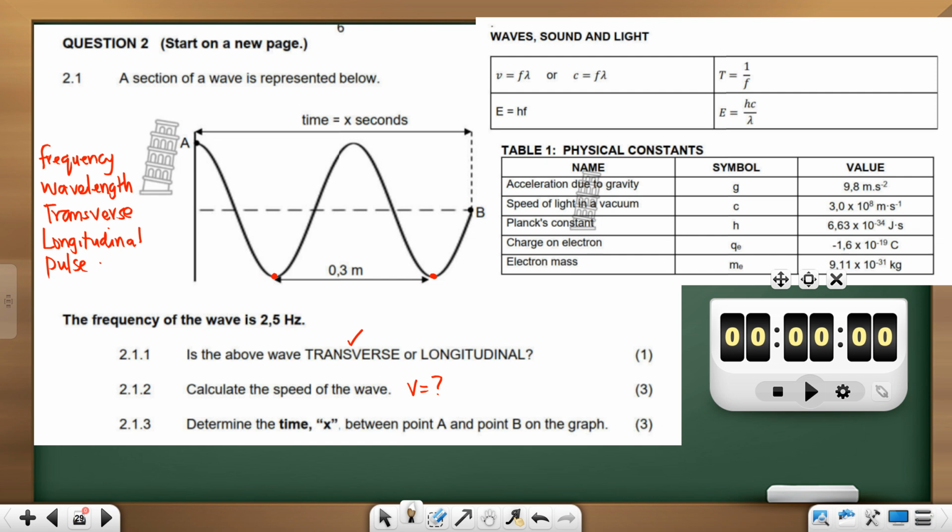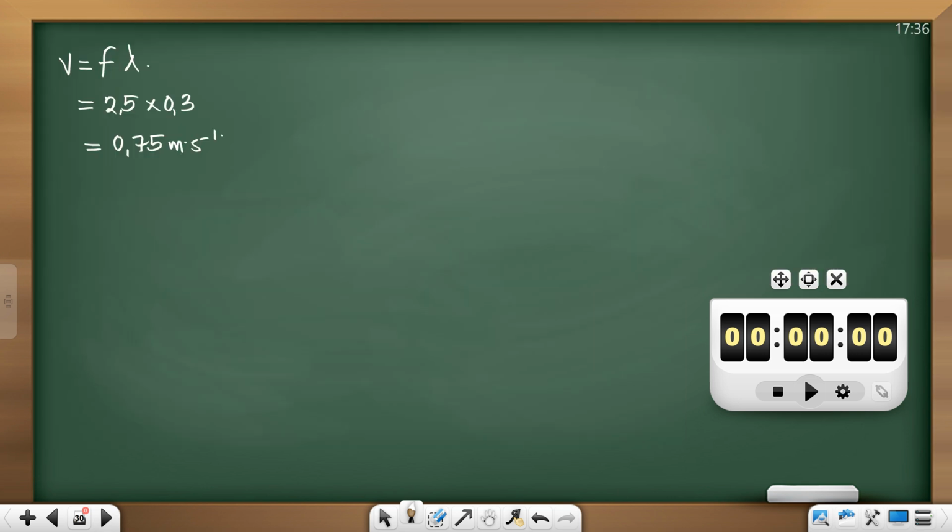Determine the time between point A and B. Interesting. We are looking for time. But there is a general formula that we know from grade eight when we talk about the DST, where distance equals the speed of the wave times the time.